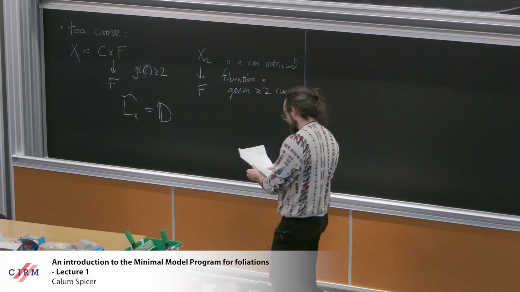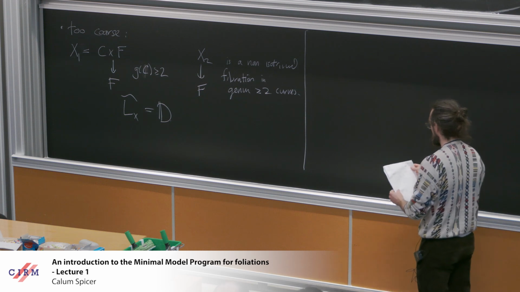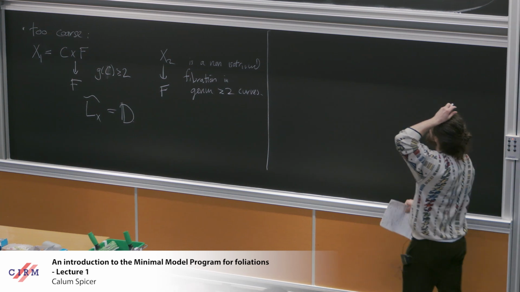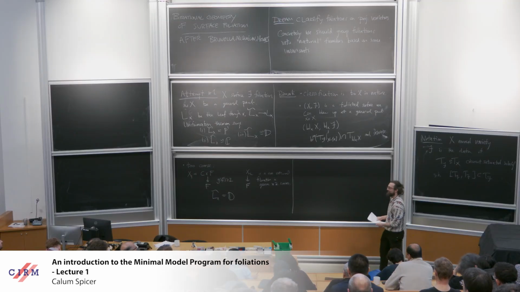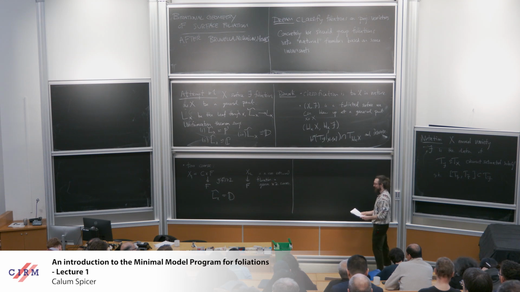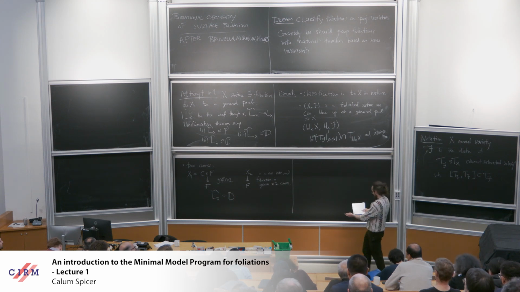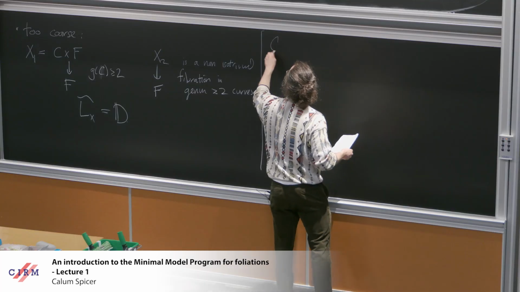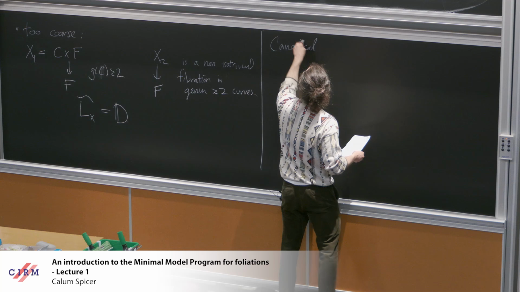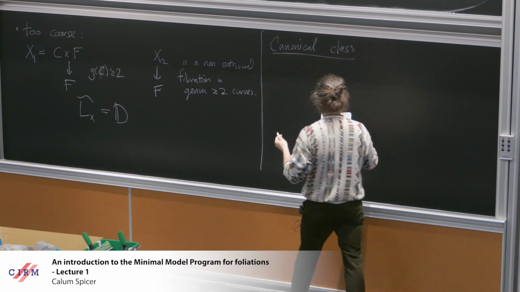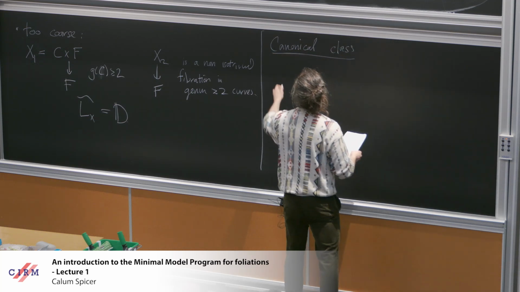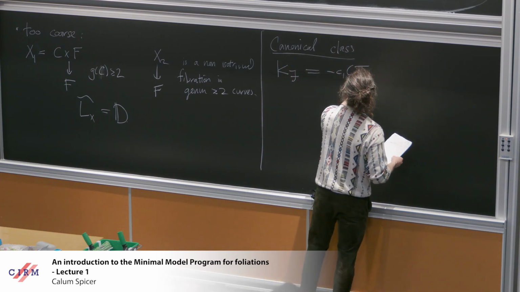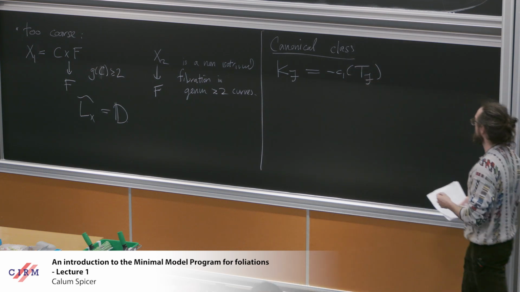So what's the next best thing? I guess Luis should explain what the inspiration was that he came to for understanding this classification, but this is my twist on it. There's an invariant which tells these two apart, and it's the canonical class. What we define is K_F to be minus the first Chern class of T_F.